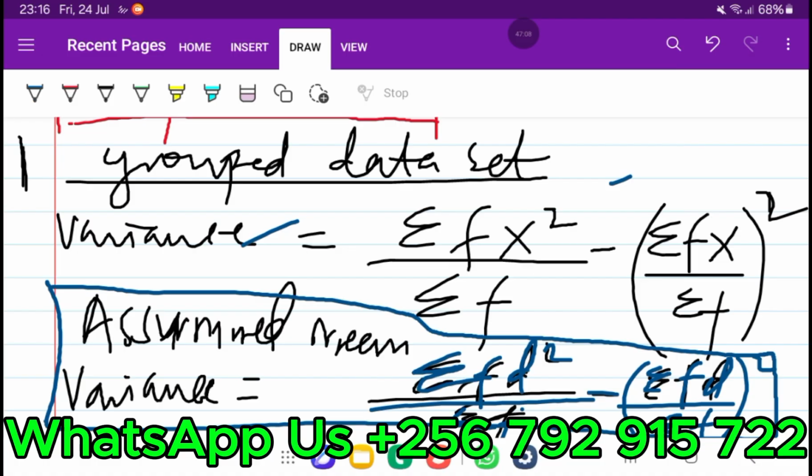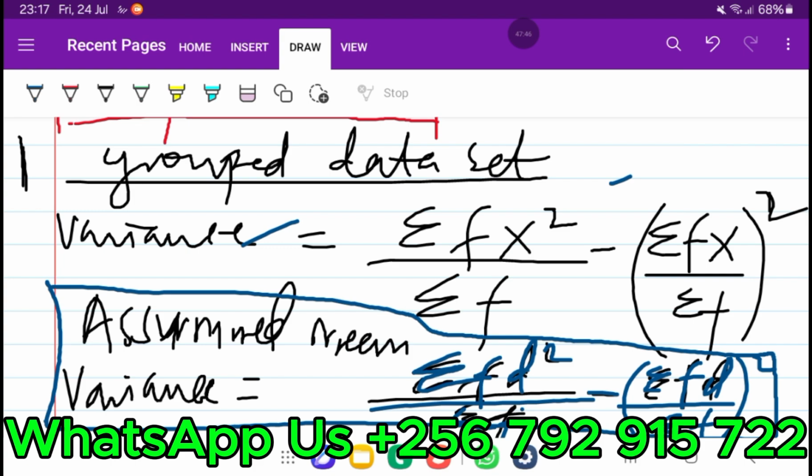But one key thing you need to understand is that you have to know whether the examiner is talking about the standard deviation of a sample. If the examiner remains silent, we assume that we are dealing with the population and we take this formula. It is only in those rare cases where the examiner will ask you to compute the variance of the sample, and he has to specify that the data set that has been given to you is for a sample.